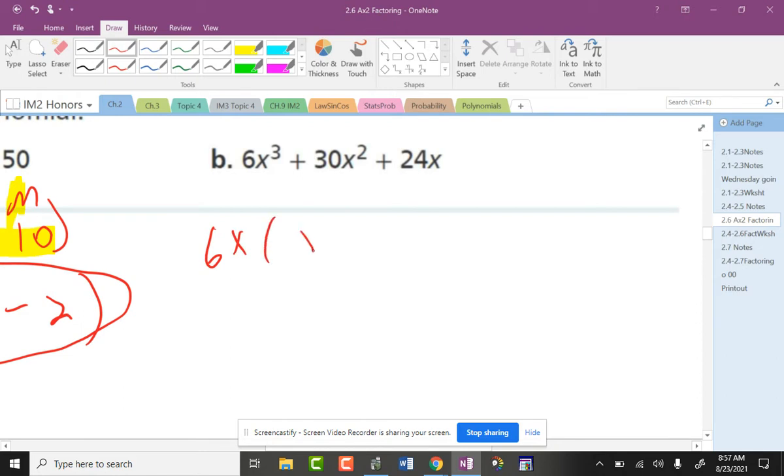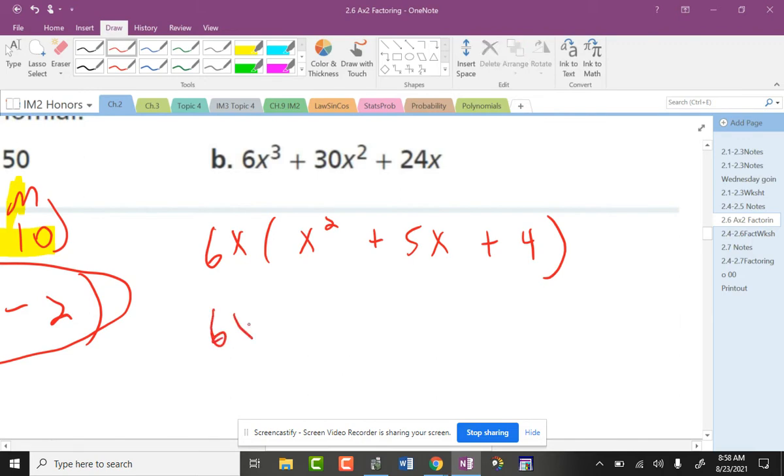This is not going to be a tough factoring situation now because all you have to do is multiply and add. 6 times 5 is 30. 6 times 4 is 24. And then x. So I'm thinking about the distribution. Good distributors are good factors and vice versa. And then what next? Emma, I gave you a chance to think.